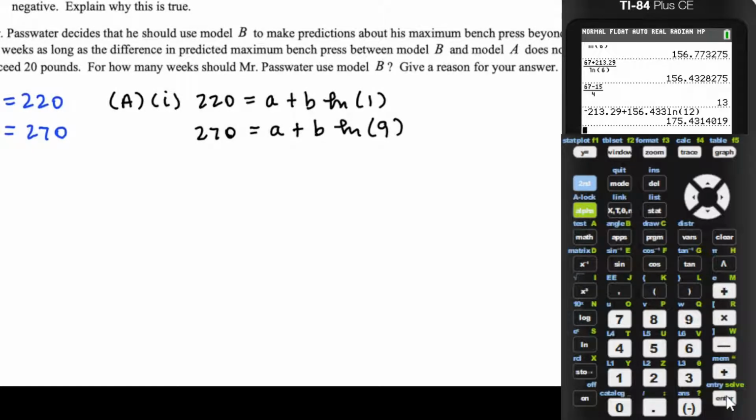So that means that a equals 220, because 220 equals a plus b times 0, the b times 0 goes away, so 220 equals a. And then for b, I'm going to need a calculator. 270 equals 220 plus b times the natural log of 9.